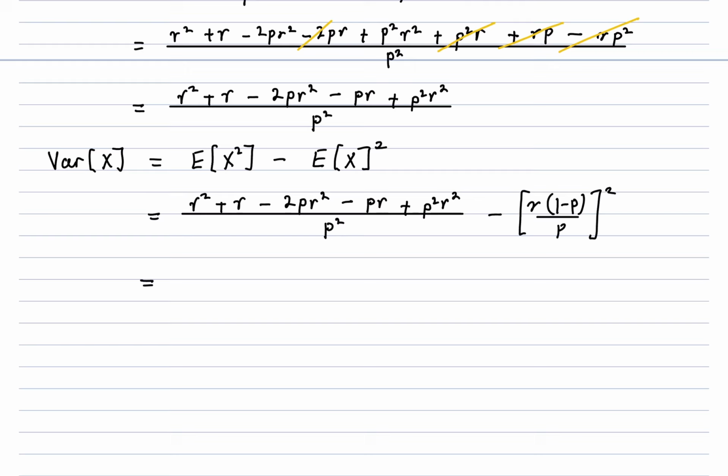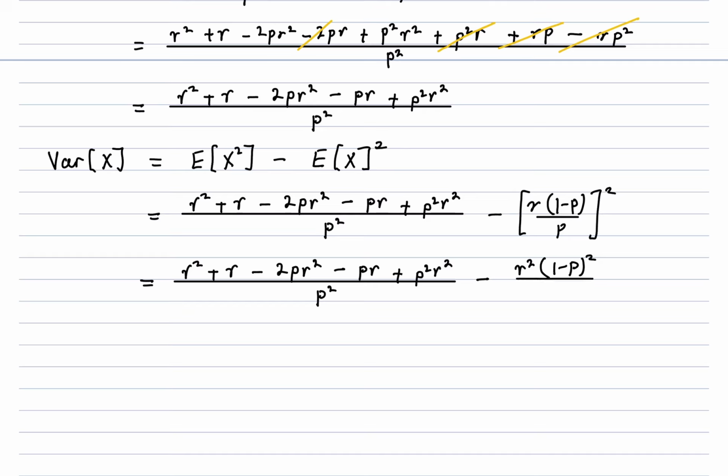This is going to become, well, the first expression I can just paste for now. The second expression here I'm going to expand, so that will become minus r squared (1 minus p) squared. I'm going to distribute the power through the numerator and the denominator, and that's over p squared here.